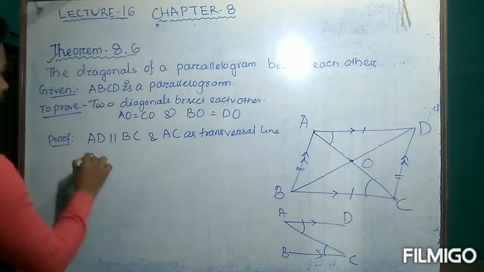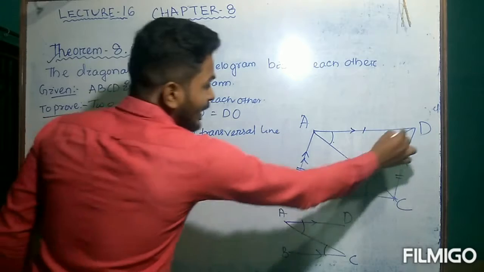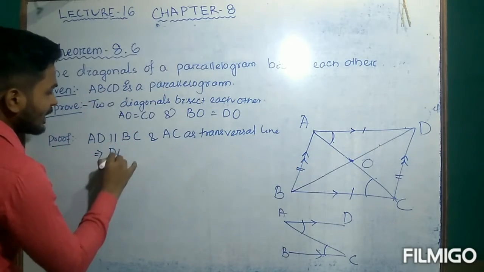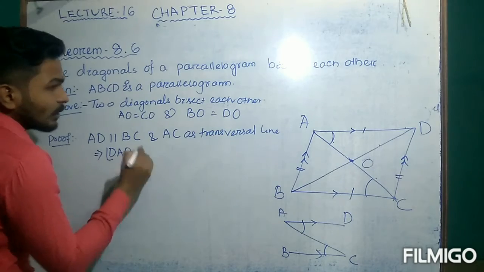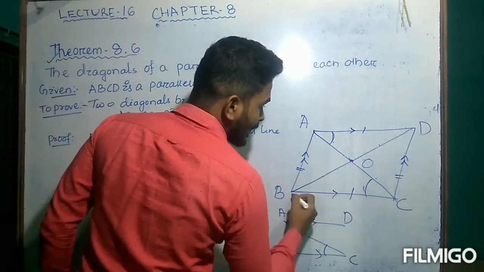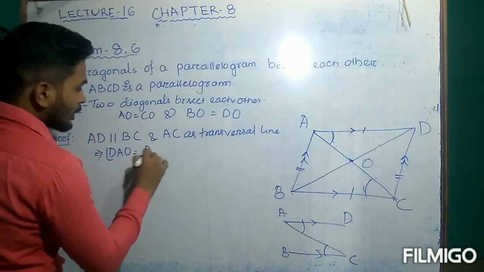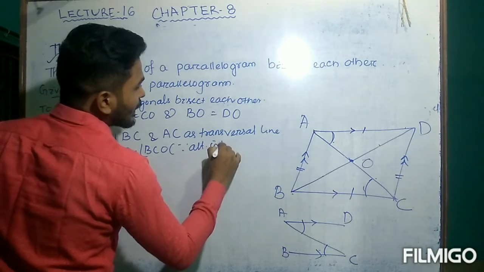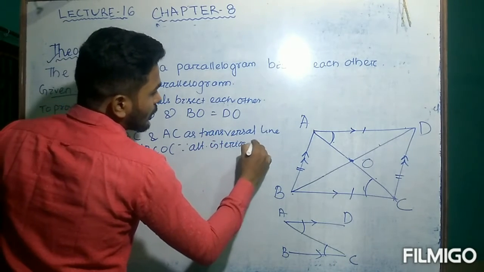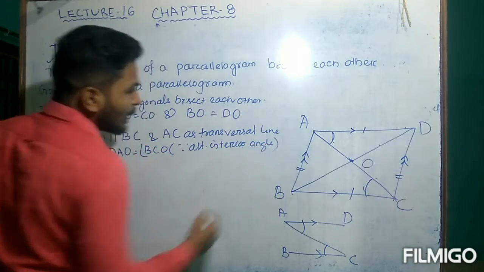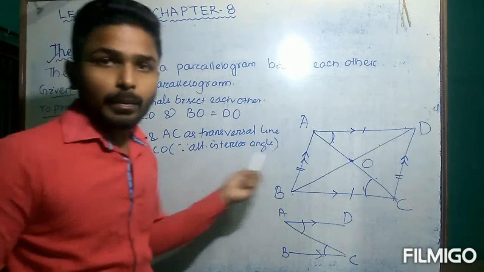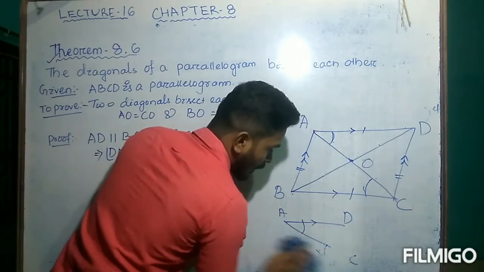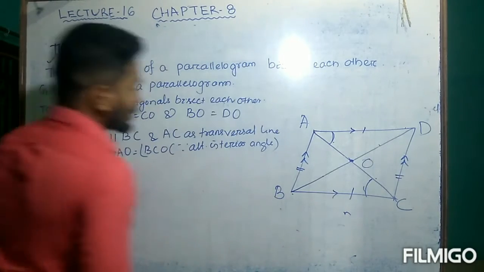We know. So we can write that angle DAO, this angle, is equal to this angle BCO, because they are alternate interior angles. If you remember, you can write the number of the theorem. Since I have forgotten the number of the theorem, that is why I have written alternate interior angles.